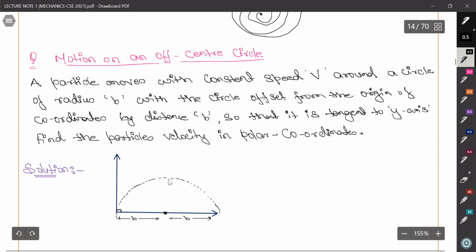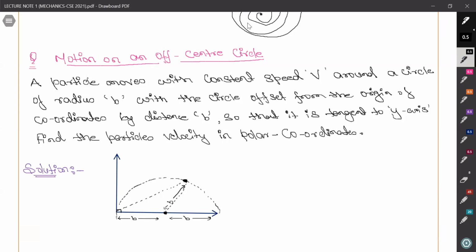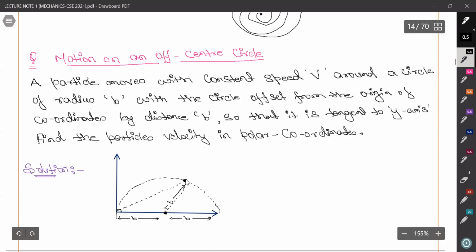Let's suppose the particle is at this point at any instant of time. So this is b, and this will also be b because it is the radius. So let us assume the particle is here and it is moving in its tangential direction, so its velocity will be like this, v.